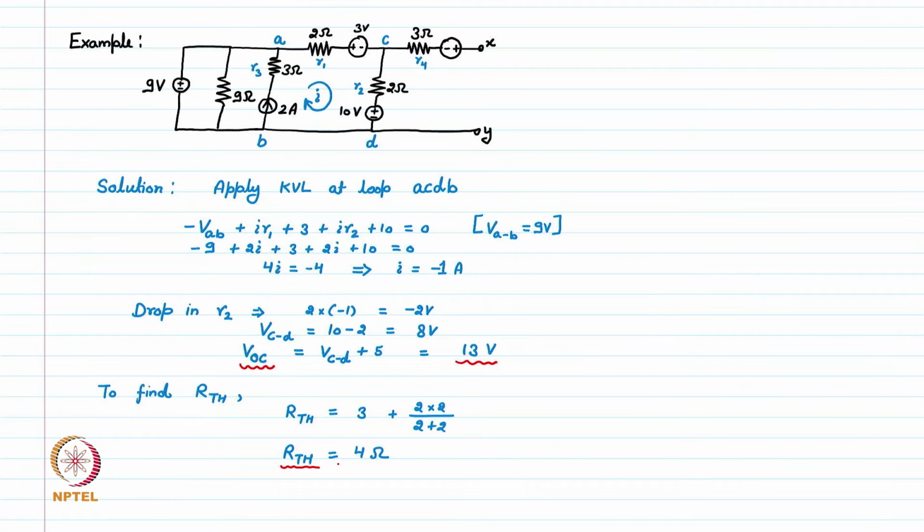So here RTH value is 4 ohm. It means this entire complicated network, we can easily replace with a VOC, the voltage source, in series with the RTH, which is 4 ohm. At this point X, we have one resistance value RTH, which is 4 ohm, and a voltage source.